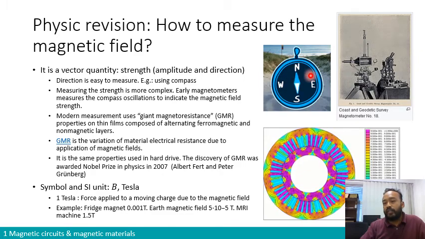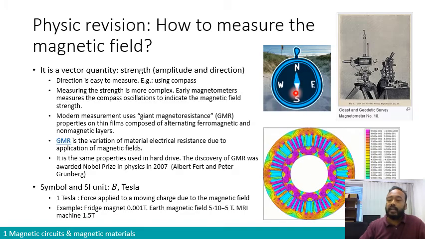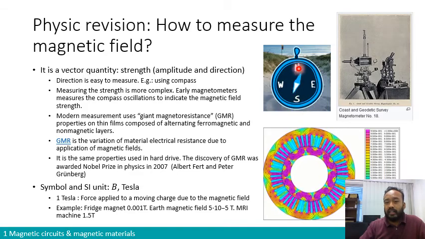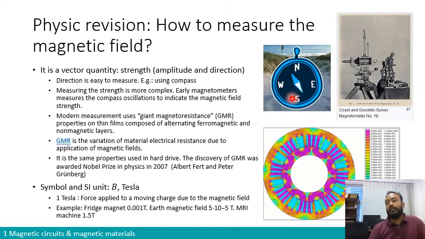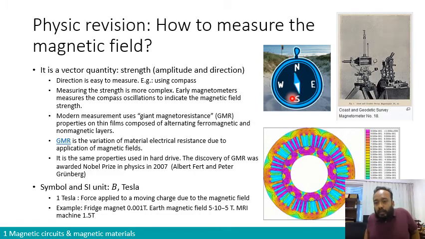If the oscillation frequency is higher, the magnetic field is stronger. If it goes towards the steady state line slowly, with a lower frequency, the magnetic field is weaker. That's how they used to do it a long time ago.